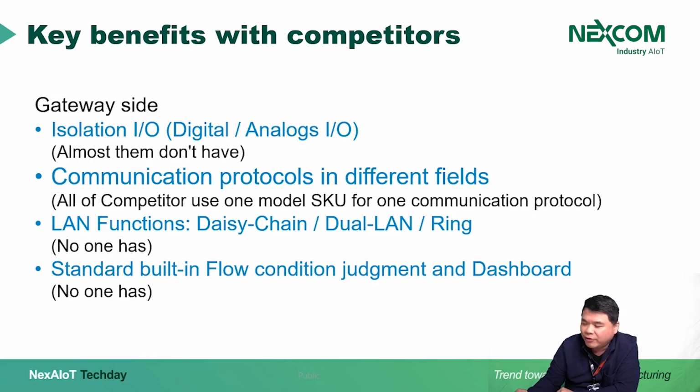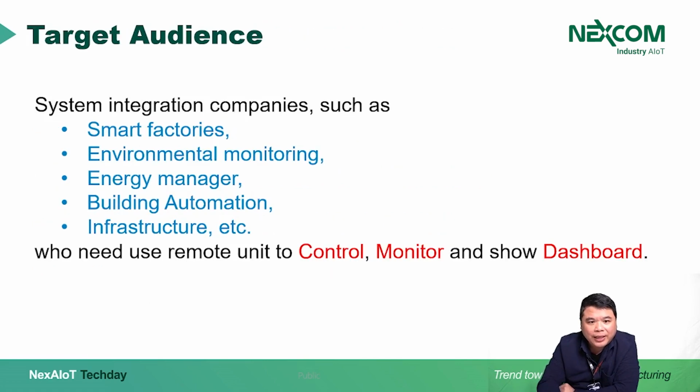Extended viewing of the flow condition judgment, and the dashboard, no one has. And your target audience is like smart factory, environment monitoring, energy management, building automation, infrastructure, who need remote units to control and monitor, and you need to show a dashboard. So I think you can advocate it a lot.